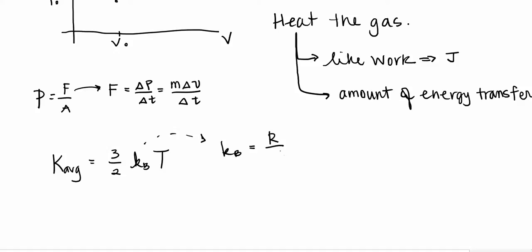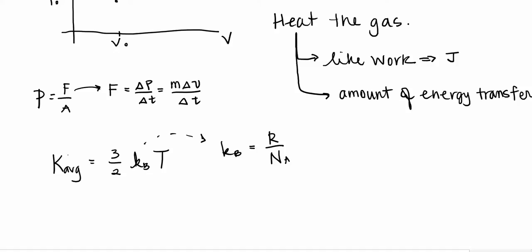The gas law constant R divided by Avogadro's number. So that is for one particle in our container. That is the average kinetic energy of a particle.